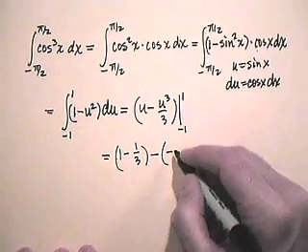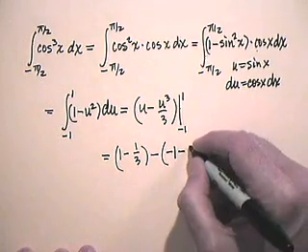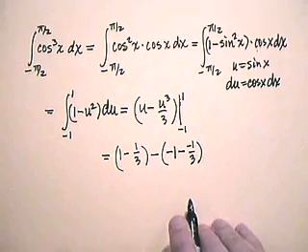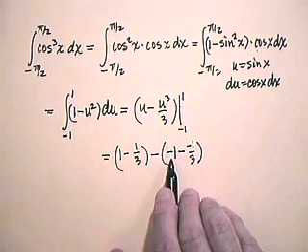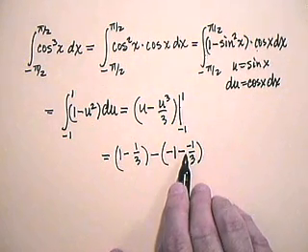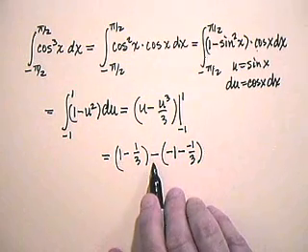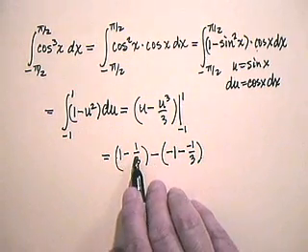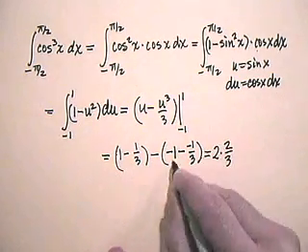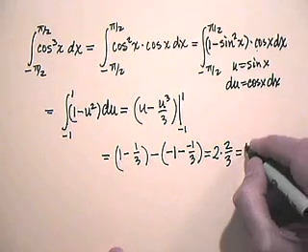That's negative 1 minus negative 1 cubed over 3, which is negative 1/3. You have to be careful with all these negative signs here. Negative 1 minus a minus is plus. Negative 1 plus a third is negative 2/3. Subtracting negative 2/3 is plus 2/3. On the other hand, 1 minus a third is 2/3, so we have 2/3 for each term. And so consequently, we end up with 4/3.